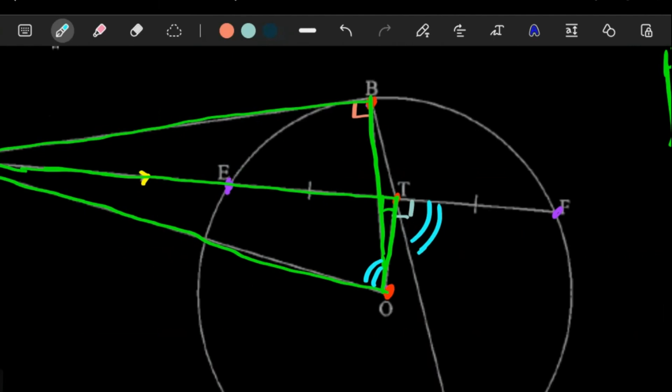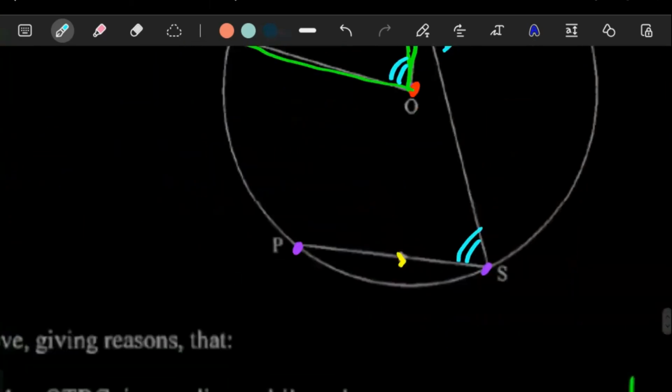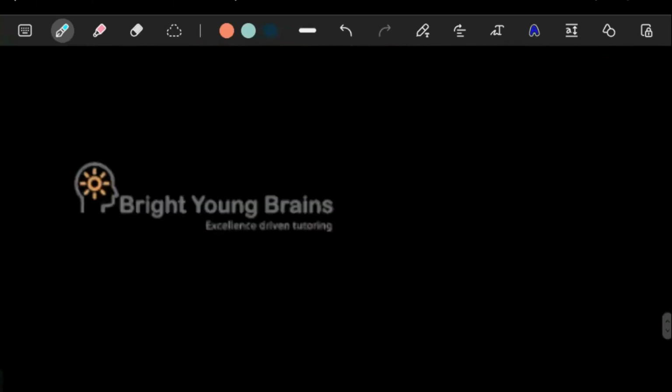With cyclic quadrilaterals, we know that an exterior angle is equal to the opposite interior angle. But the way this is looking, it just looks so crazy. Prove that.